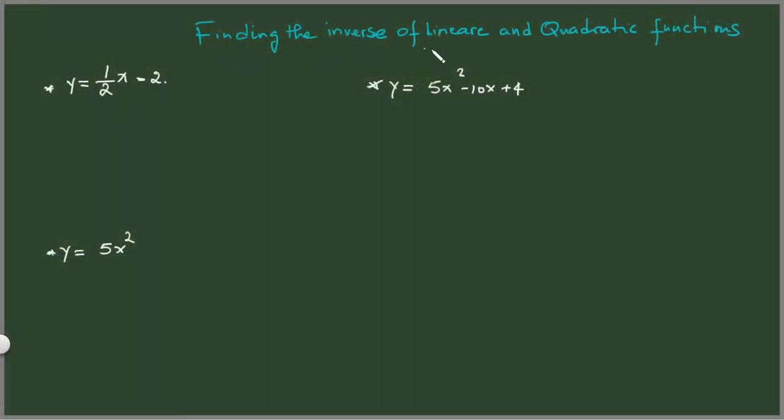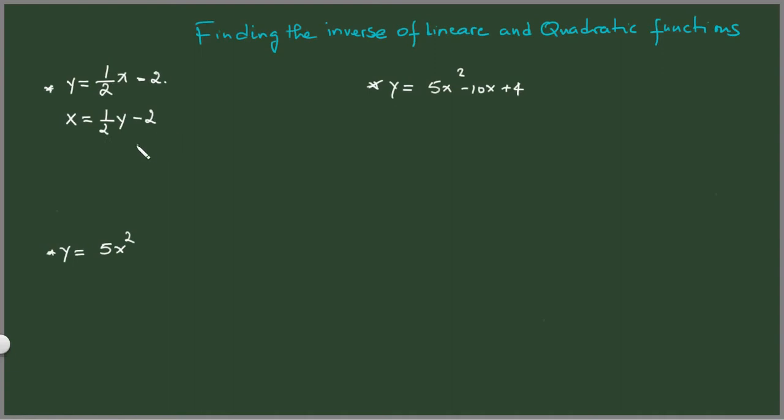We are finding the inverse of linear and quadratic equations in this video. We will start with this first example by switching y and x. So we have x equals 1/2 of y minus 2.